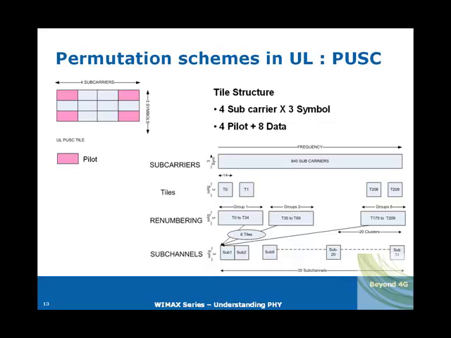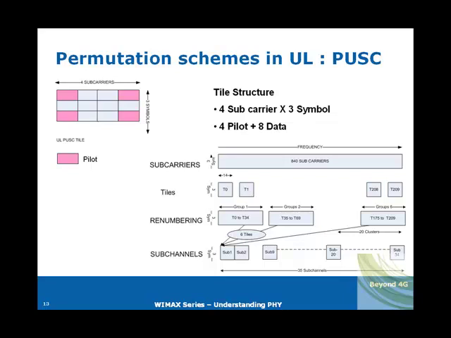The usable 840 subcarriers over 3 symbols are divided, so there would be 210 tiles, and then they are formed into groups.